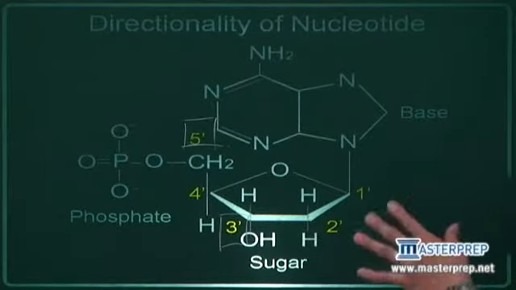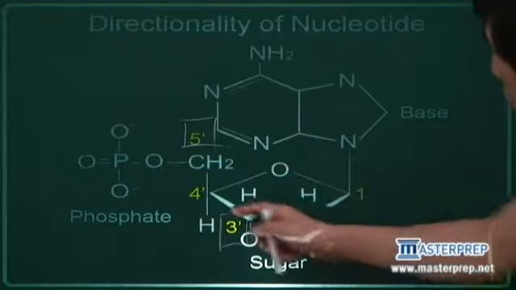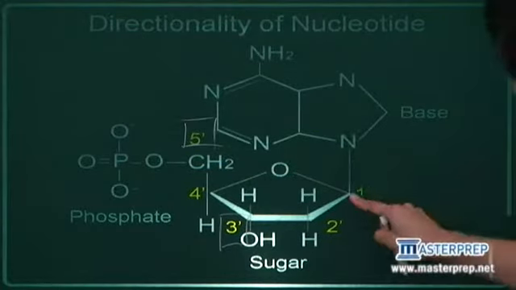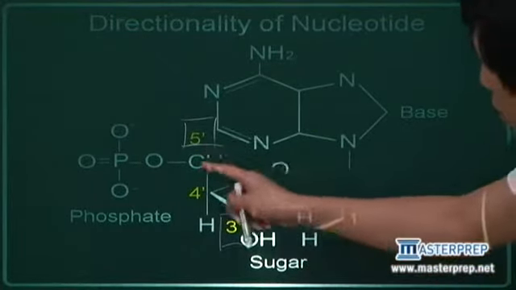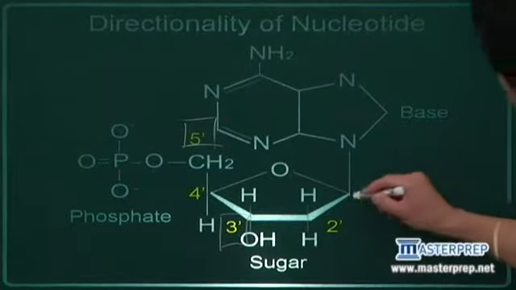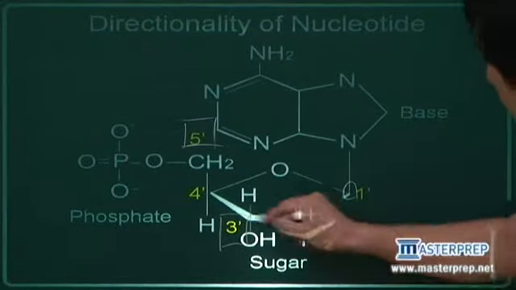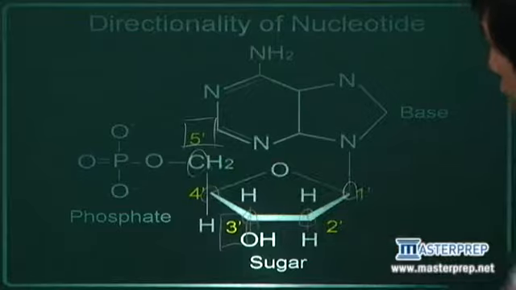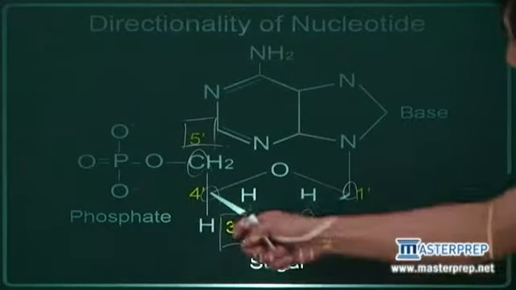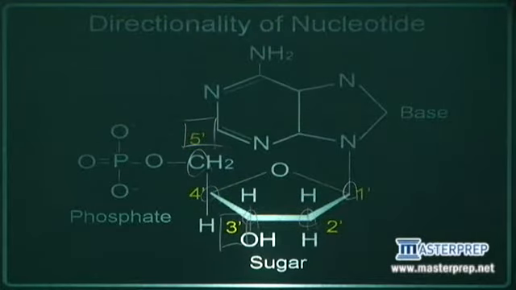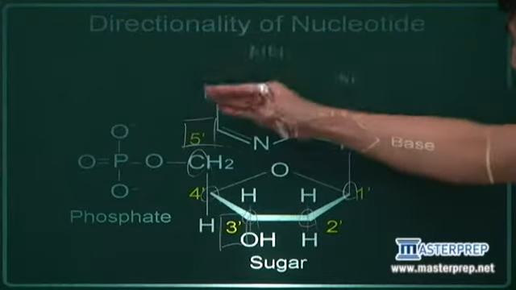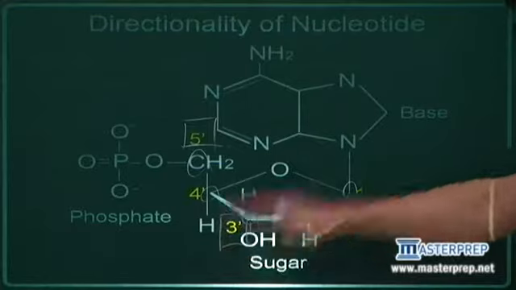Okay, so we have one sugar that contains 1, 2, 3, 4, 5 carbons, right? You can only label the numbers on your carbons, not on the hydrogen, not on the oxygen. So total 1 prime, 2 prime, 3 prime, 4 prime, and 5 prime. This top part is 5 prime, and the bottom part is your 3 prime.